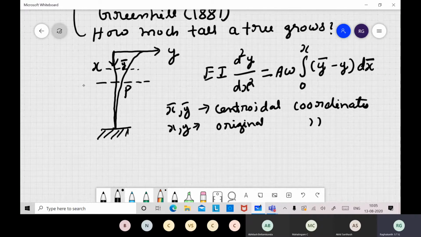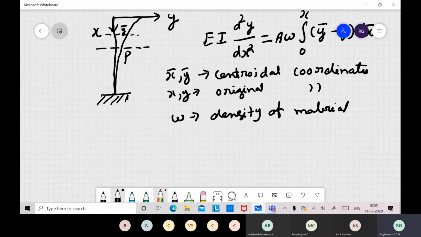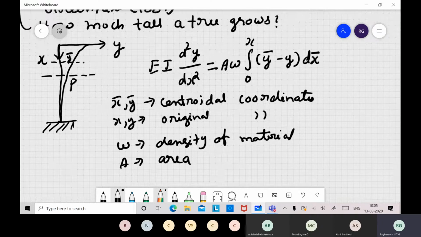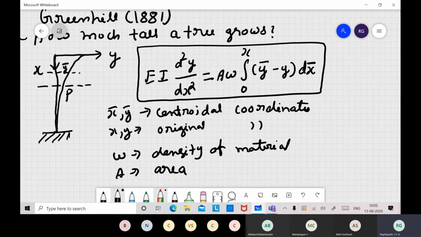We are writing the bending moment at this section P. Now w is the density of the material and A is the area. This is how we write our equation of equilibrium in terms of the centroidal coordinates. y bar and x bar are with respect to the centroid, and y is with respect to the deflection at this section P.